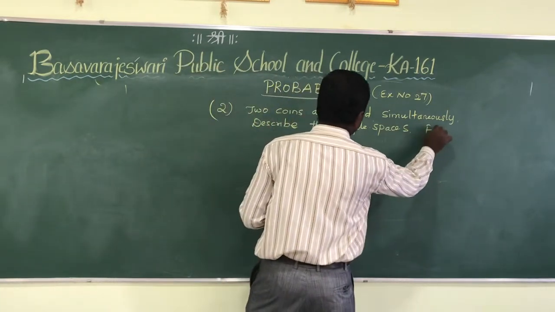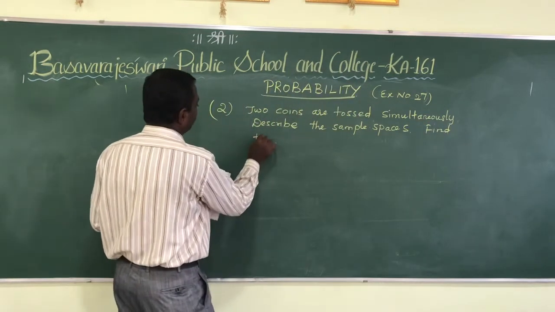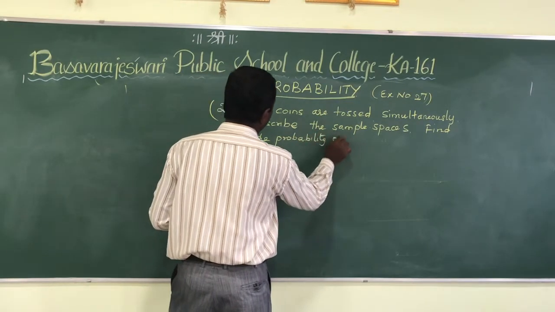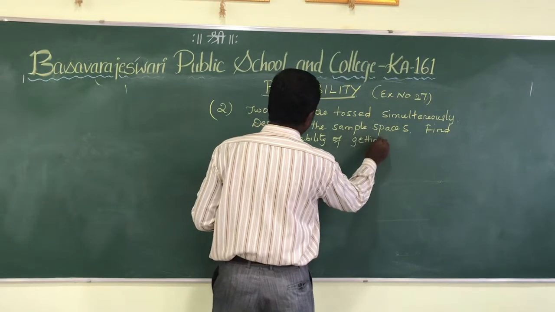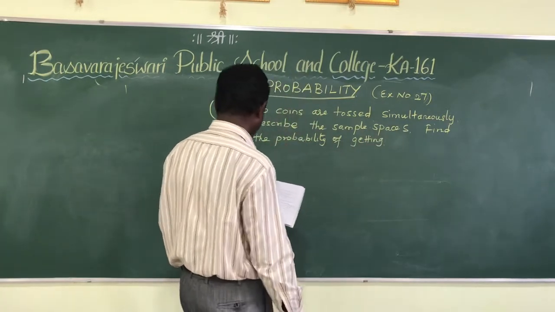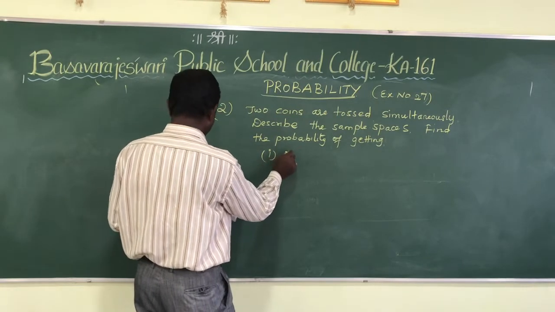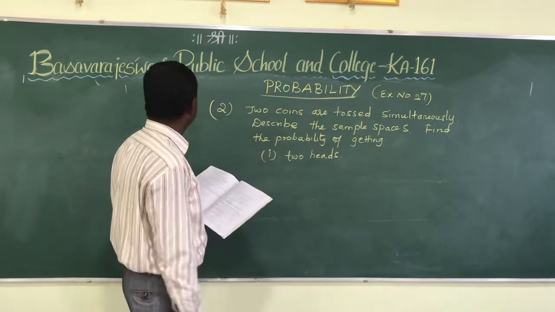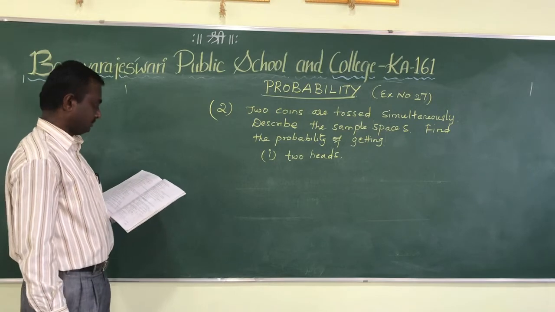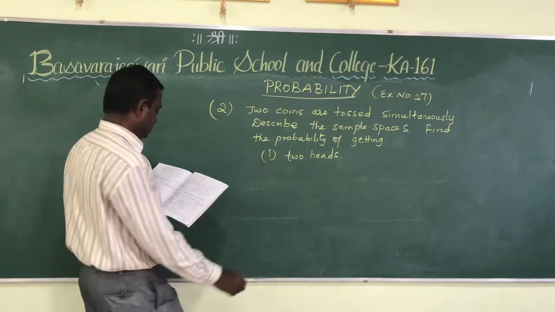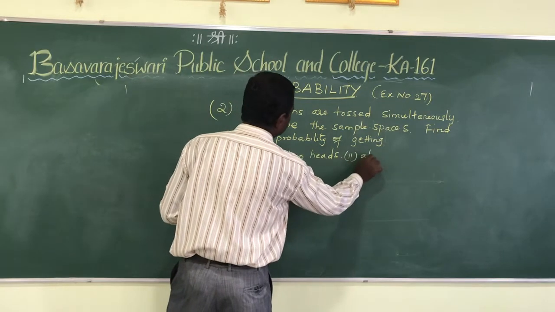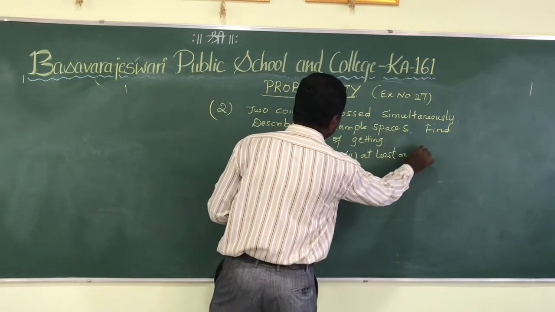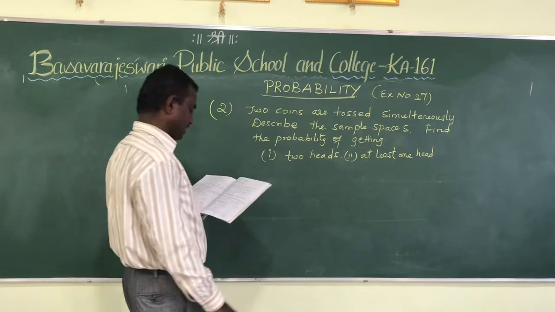Find the probability of getting: one, two heads. Next, second, at least one head.